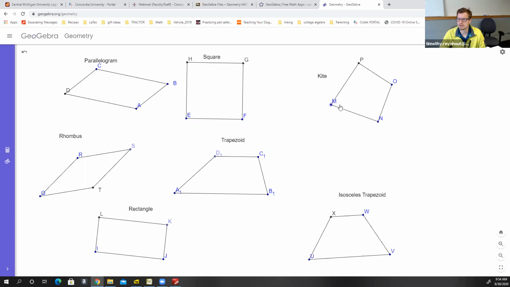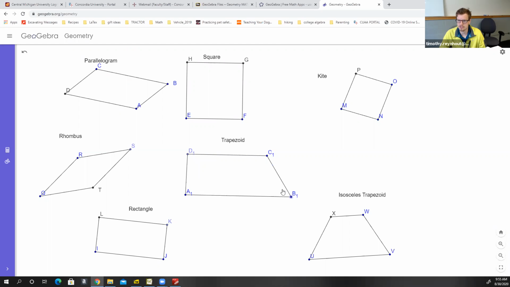But if we are careful here, we'll notice that we can create a square when we're looking at a kite. We can also take a look at a trapezoid. On a trapezoid, we want to be very careful because I was thinking we could accidentally end up with a parallelogram or a square, but they're very careful here to make sure that we're not doing that.